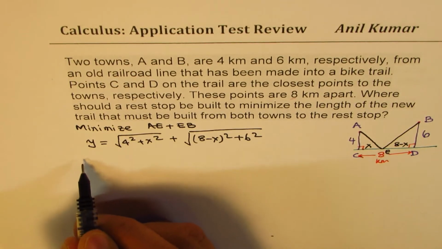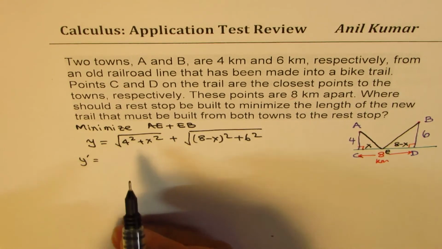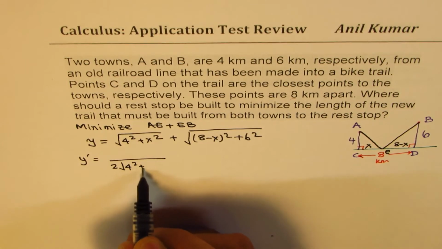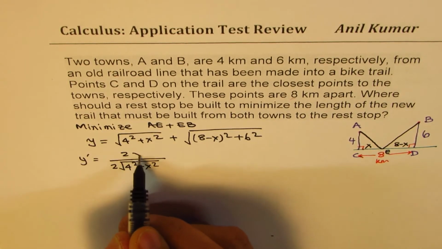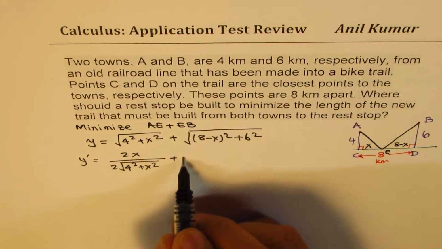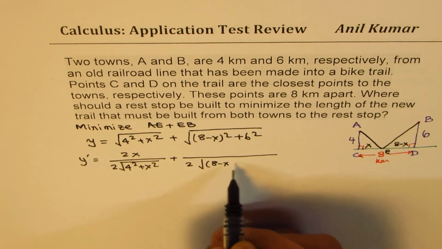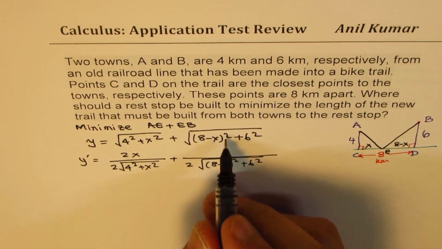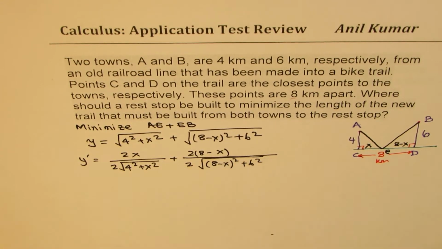So first derivative: this square root function, you know, is 1 over 2 square root of everything which you have there times its derivative, which is 2x, plus again 1 over 2 times the square root of (8 minus x) whole squared plus 6 squared, and the derivative of this, which is 2 times (8 minus x).